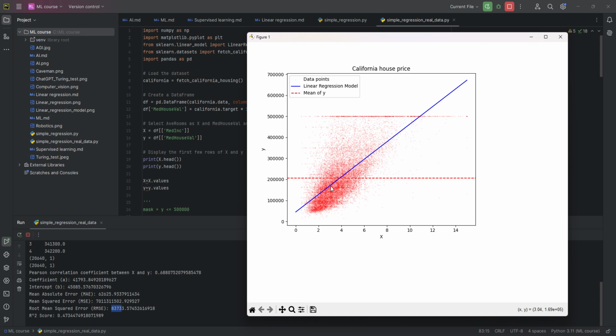But just to show the big difference between synthetic generated data and real data, you can see for example here in the real data at 500,000 there's a lot of points, and there is no point above 500,000.